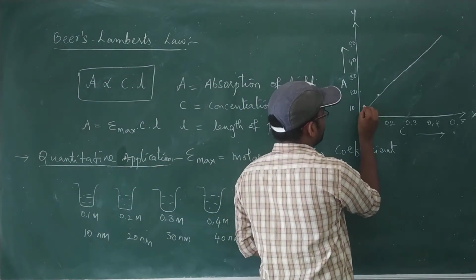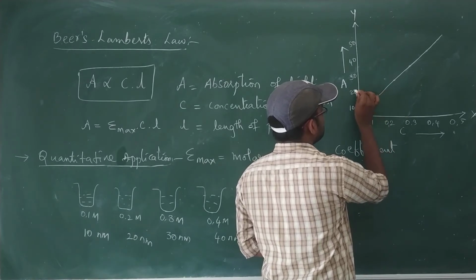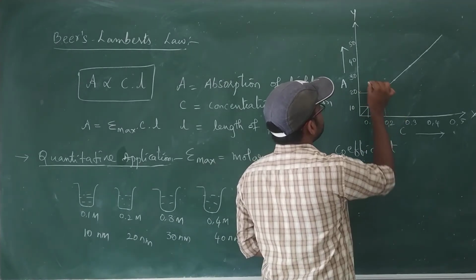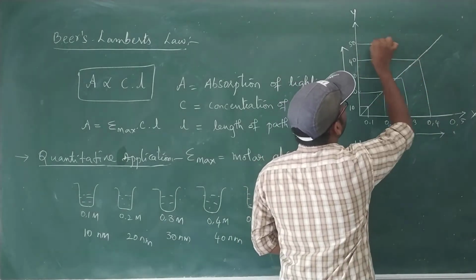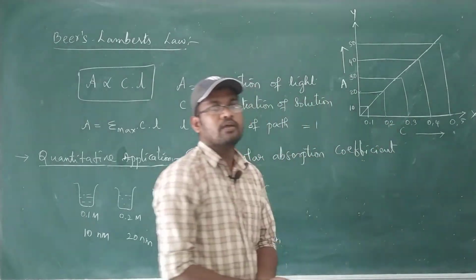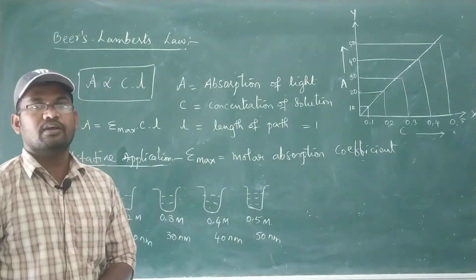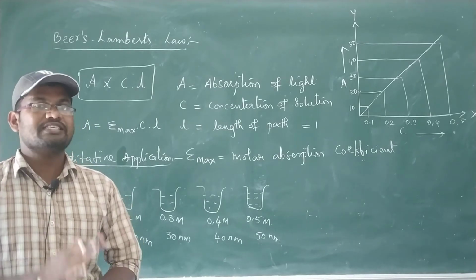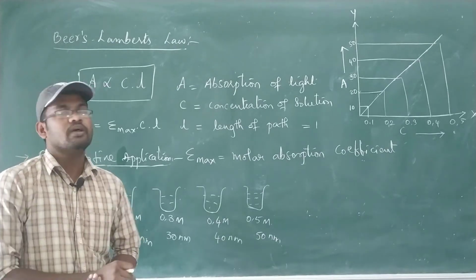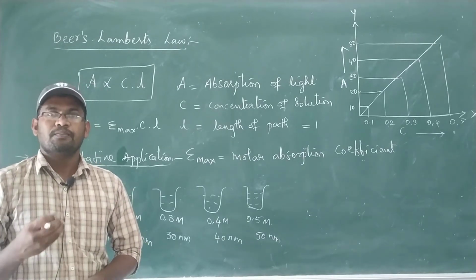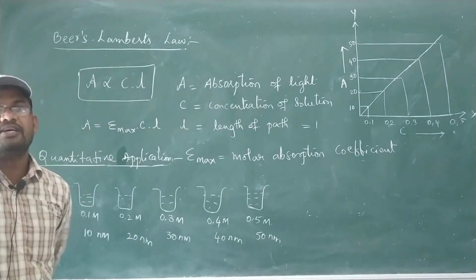For every solution, concentration and absorption we find like this. For example, we have an unknown solution, and we need to calculate its concentration with the help of a spectrophotometer or colorimeter by the principle of Beer-Lambert's law.